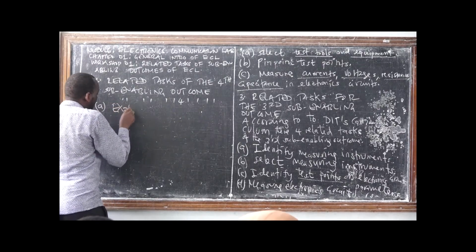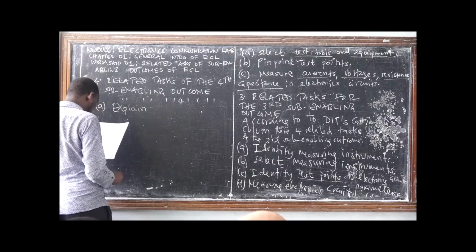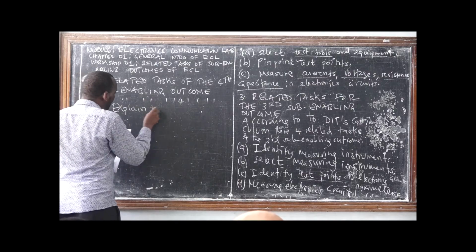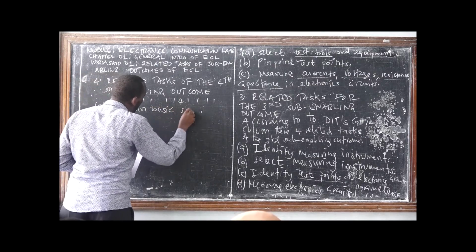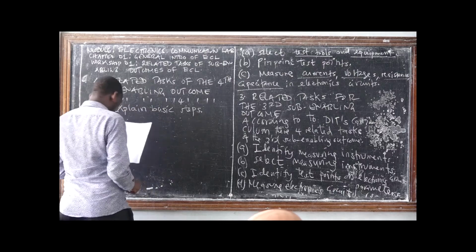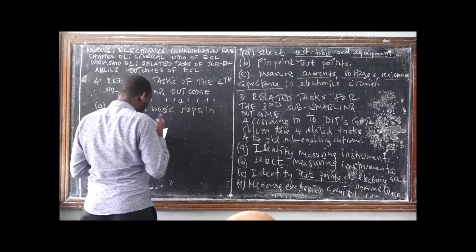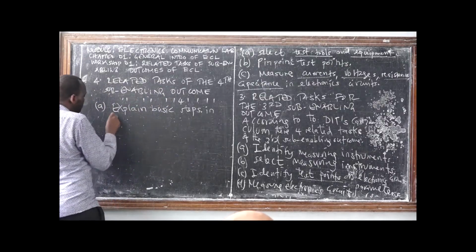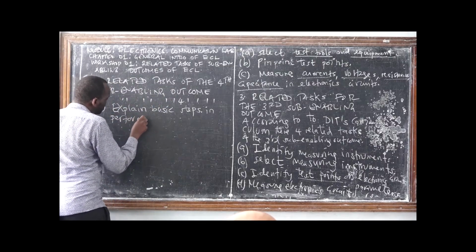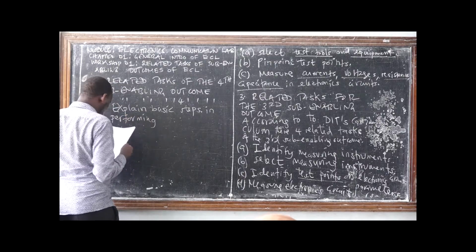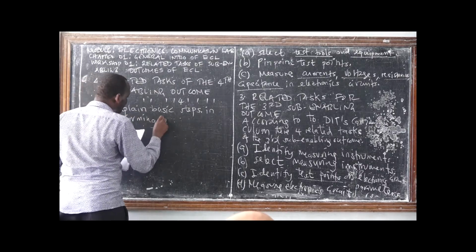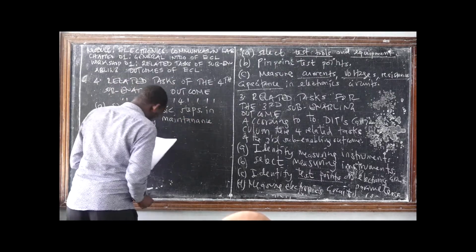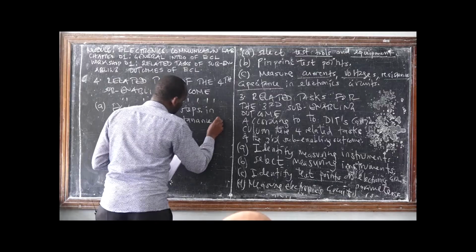So here are related tasks for this 4 sub-enabling outcome. A student should be able to explain basic steps in performing maintenance of electronic system.